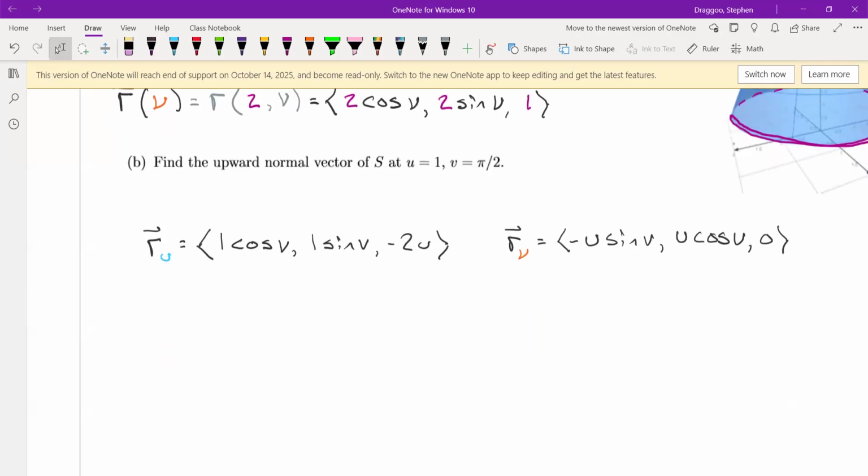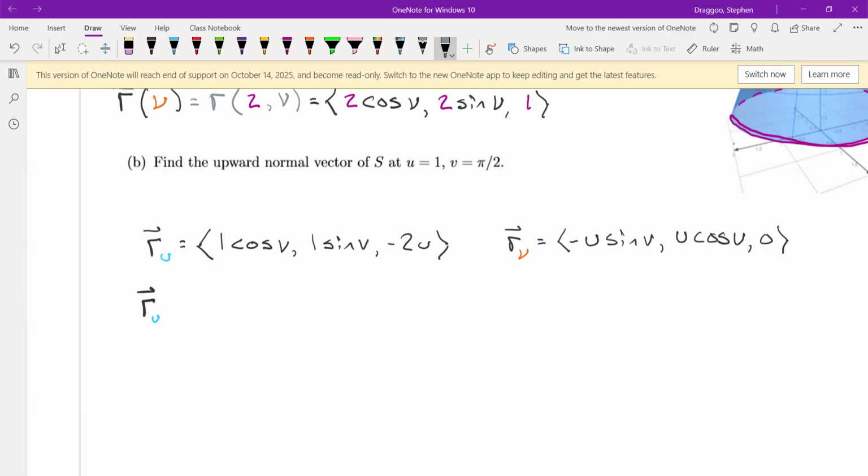Anyway, I should now plug in my parameters to those two vectors. I suppose I could take their cross products before plugging in the parameters. There's no reason I couldn't. The equation would just get a little messy. And since I know I'm evaluating at a point, I might as well plug in early and save myself a little bit of a headache.